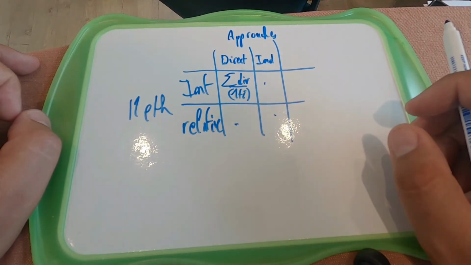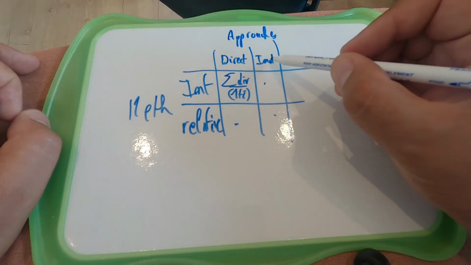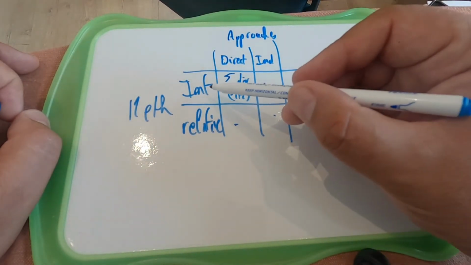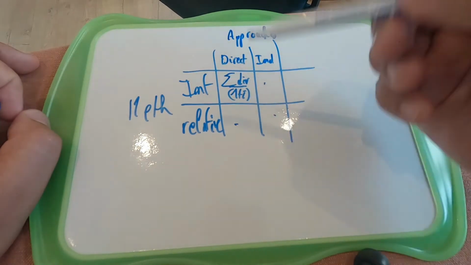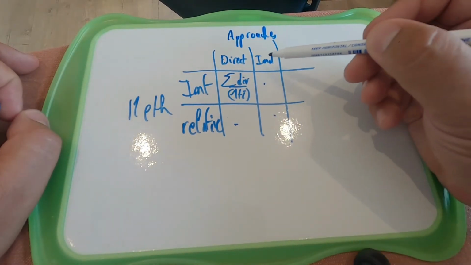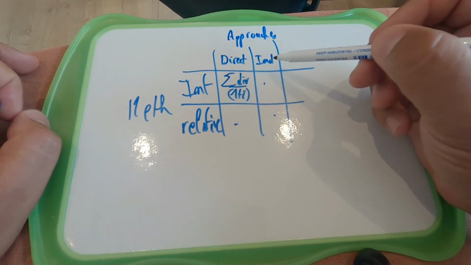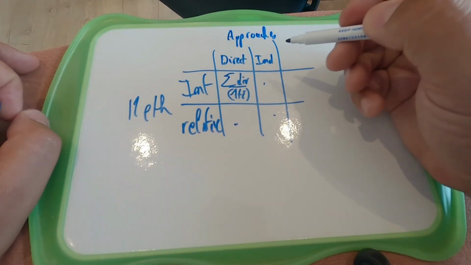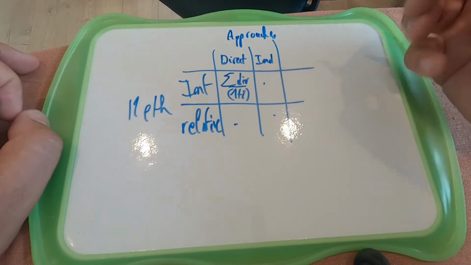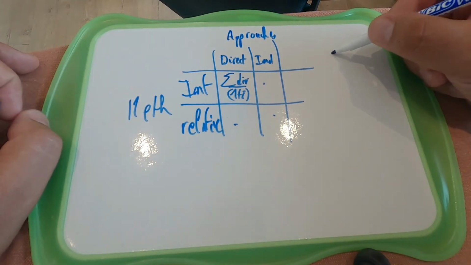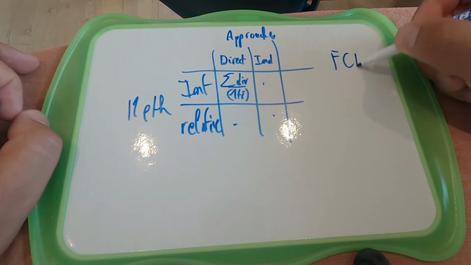Now, the indirect approach with the intrinsic value, because it's intrinsic, we're still looking for cash flows coming. In this case, we're looking for the cash flow that goes to the firm as a whole and not just to the shareholders. And the cash flow that goes to the firm as a whole is what we call free cash flow.